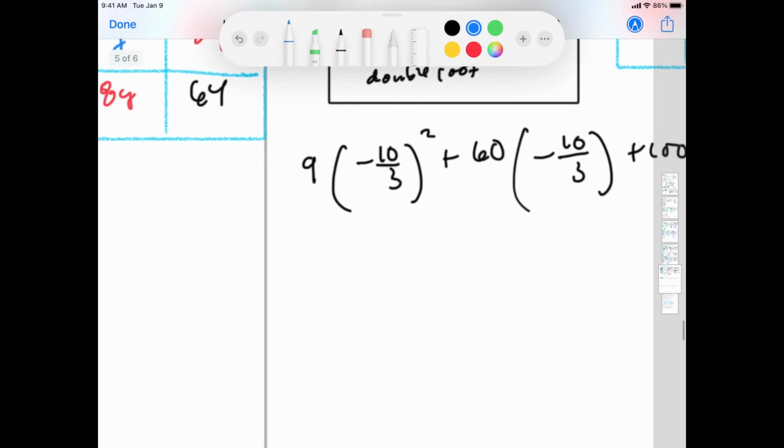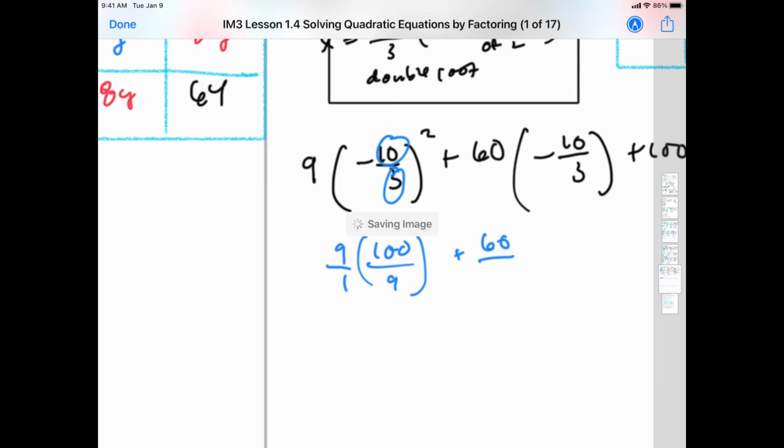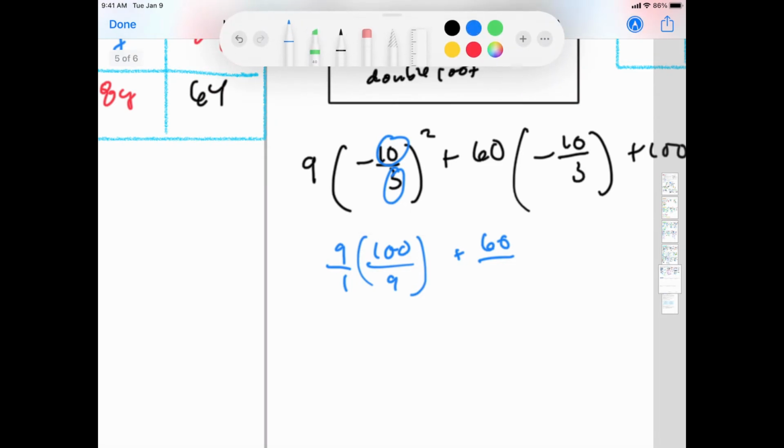Okay, so square both of these numbers, that would become 100 over 9. And this one's going to be, let me show you guys how I like to simplify these. It is cross canceling here, but 3 times 20.